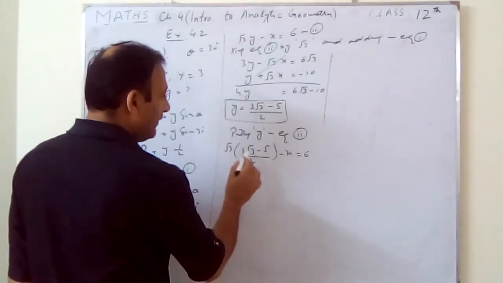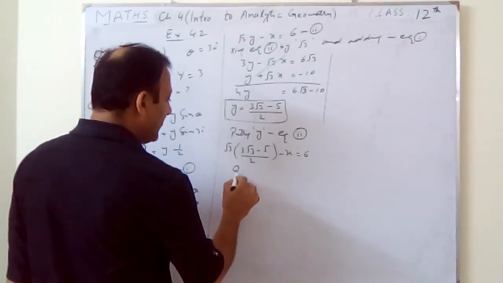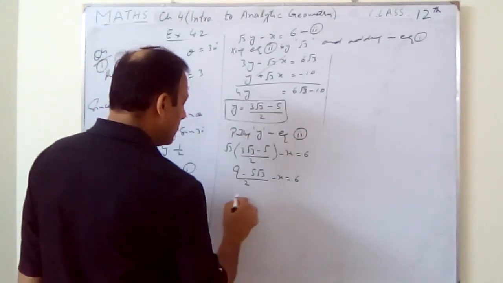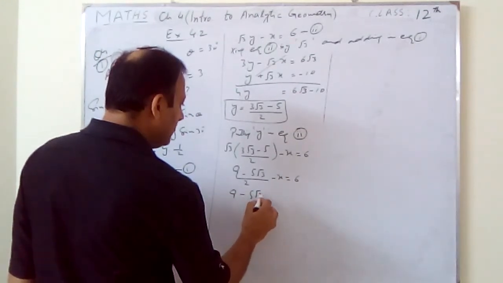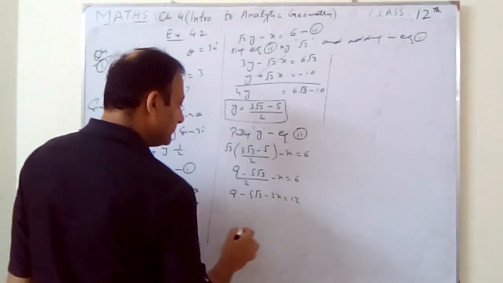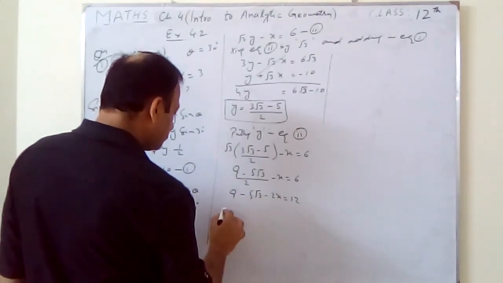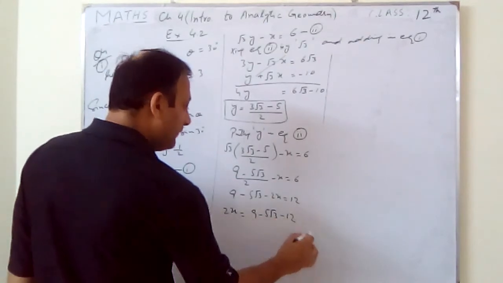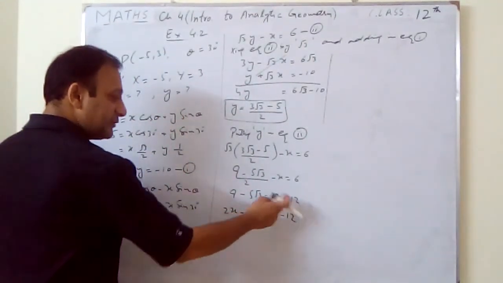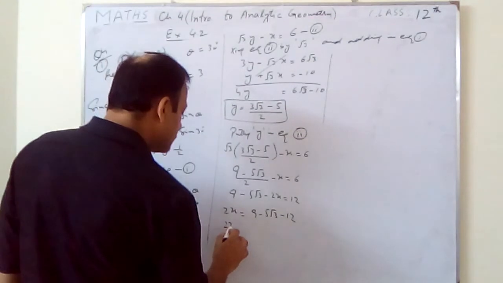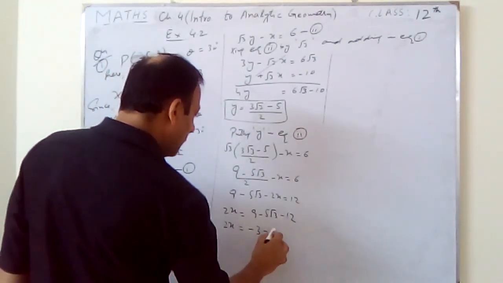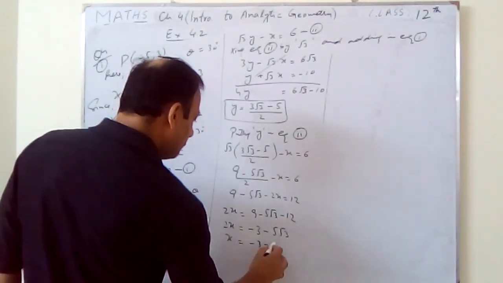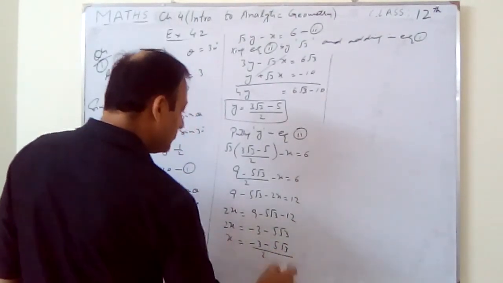When we multiply it, it becomes 9 minus 5 into square root of 3 divided by 2 minus x equals 6, or 9 minus 5 square root of 3 minus 2x is equal to 12, or 2x is equal to 9 minus 5 square root of 3 minus 12. Take this value on the other side, and 12 is here. So 2x is equal to minus 3 minus 5 into square root of 3, or x is equal to minus (3 plus 5 square root of 3) divided by 2.